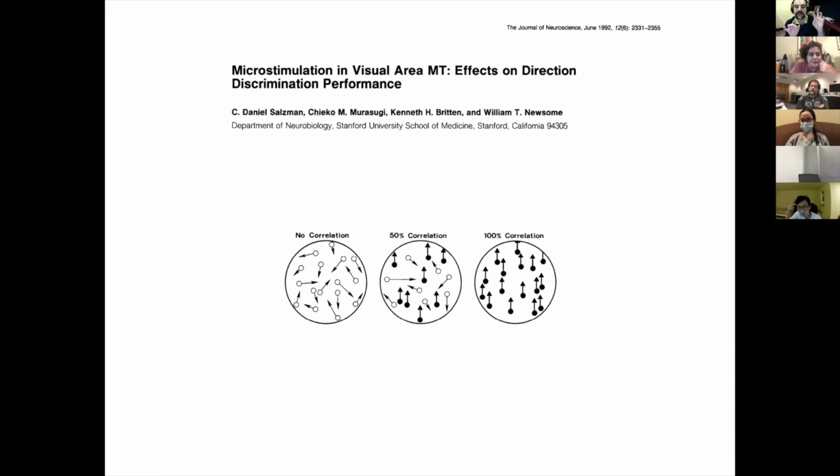Now you can make 50% of them going upward. The rest of them are random. You can make 100% of them going upward. Basically, you can tighten the motion signal by making a group of them correlated and moving in one direction. And the more correlated they become, the easier it is to see the motion for the monkey.